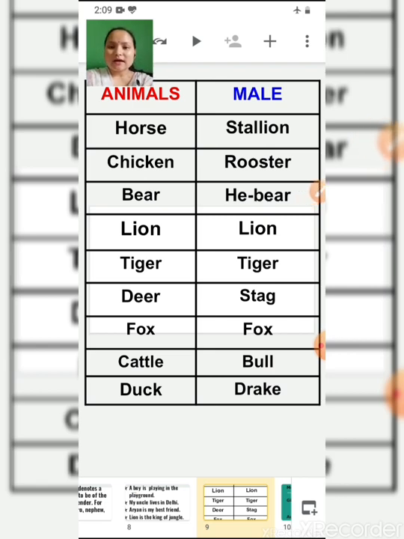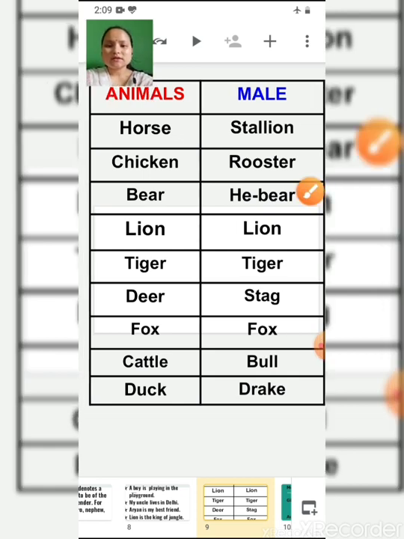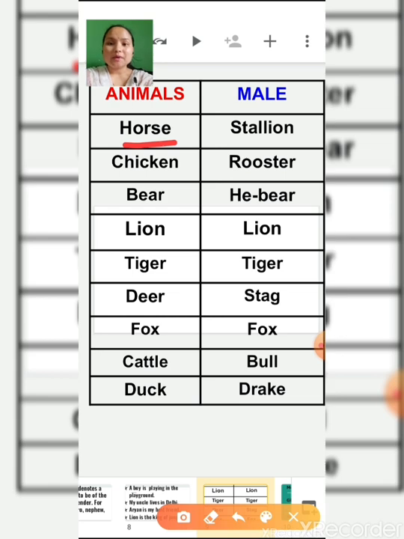So let's see some animals and their male names. First one is horse. The male horse is known as stallion. Animal, chicken. Male chicken is known as rooster.